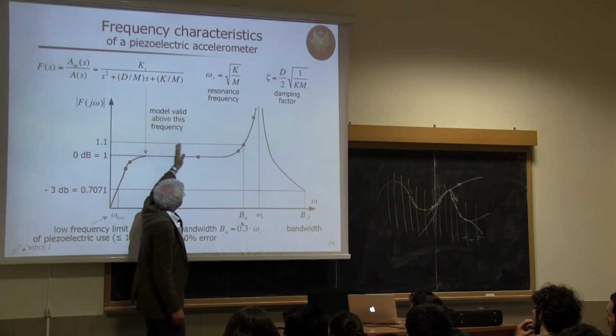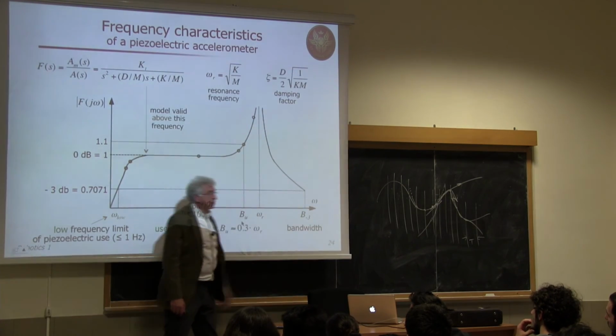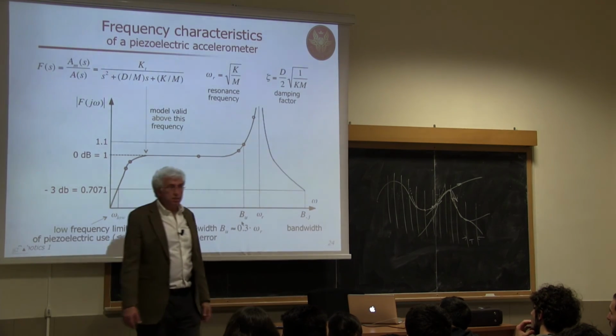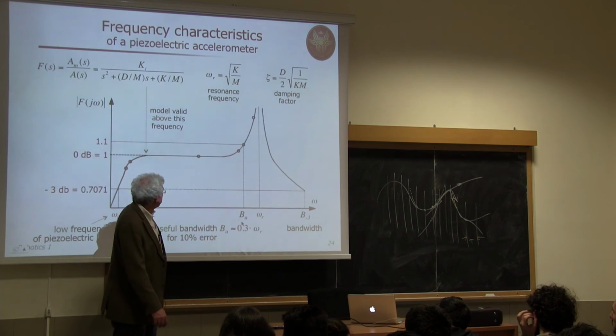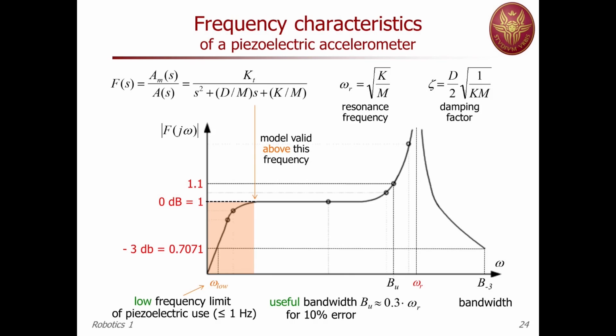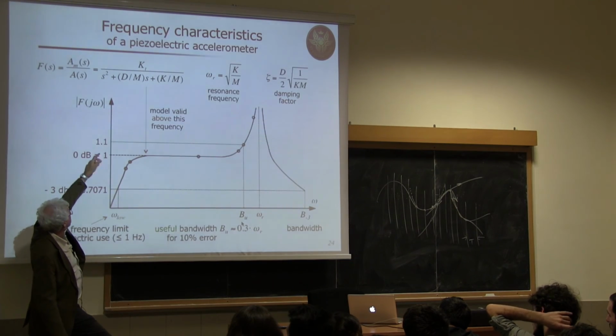So you will have some behavior like this, then you have a resonance, and then a decrease at 40 decibel per decade. So you have a resonant frequency, and here you usually define a bandwidth at minus 3 decibel. Here I didn't use the decibel scale, just the proportional scale.